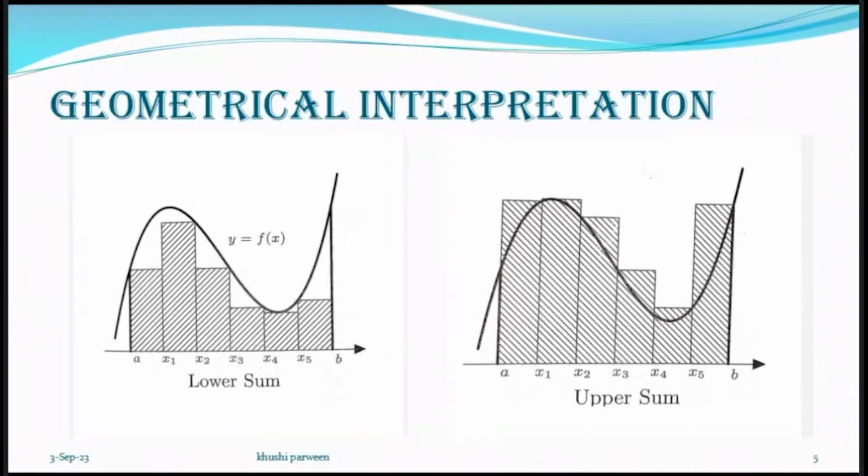And if capital Mi is the supremum, then the geometrical interpretation of the upper sum is the area of the union of rectangles with base [xi-1, xi] and height capital Mi, which is the supremum. So this is our geometrical interpretation.